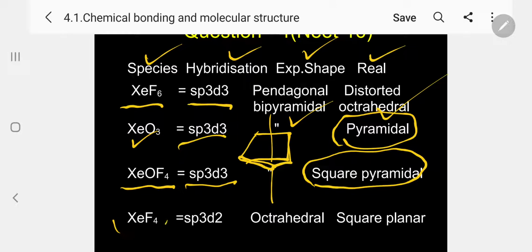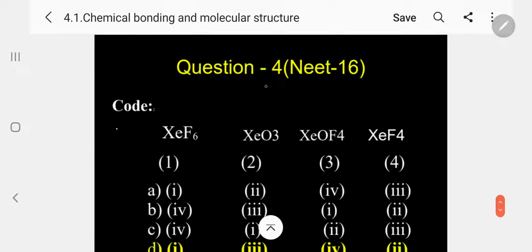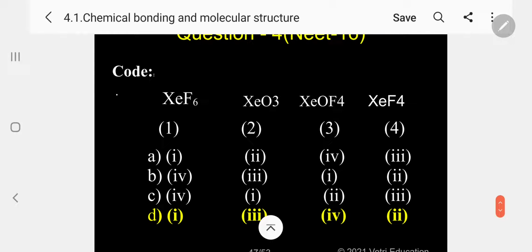And finally XeF4, hybridization sp3d2, the expected is octahedral, but there are 2 lone pairs, so it becomes square planar. Very clearly I am giving this explanation.